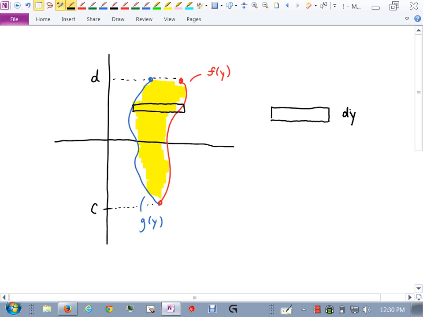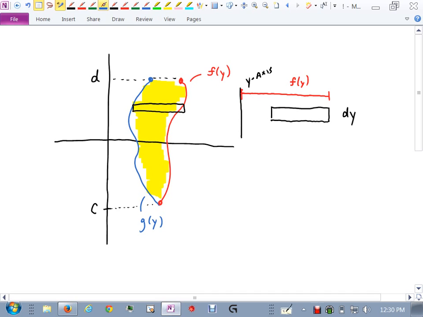And then let's talk about how wide it is. So imagine, I'm going to bring in over here to the left, this is our y-axis. How far is the distance from the far right edge all the way to the y-axis? That'd be f of y.